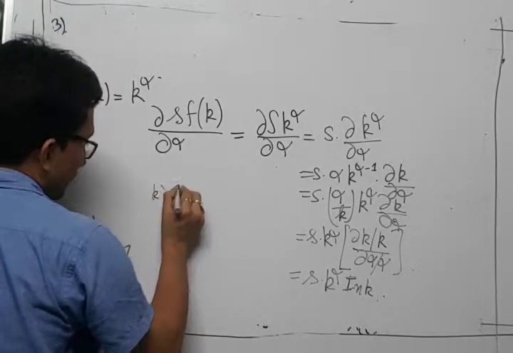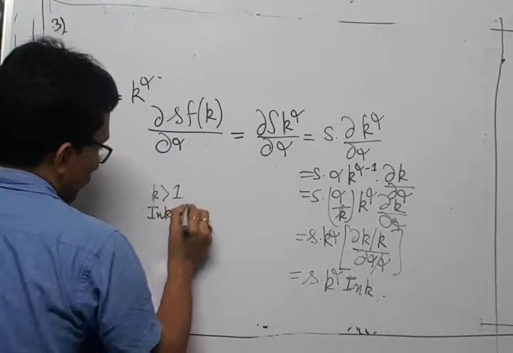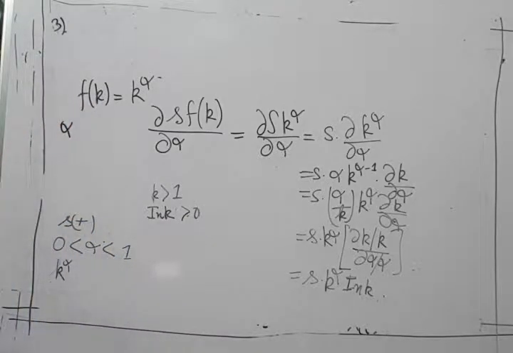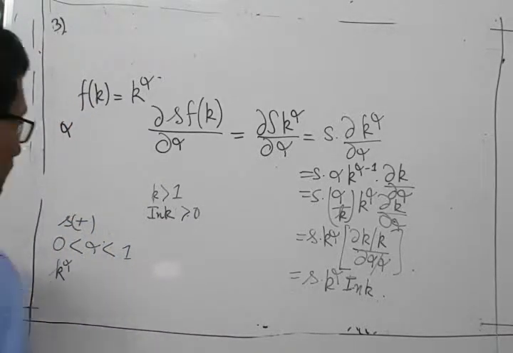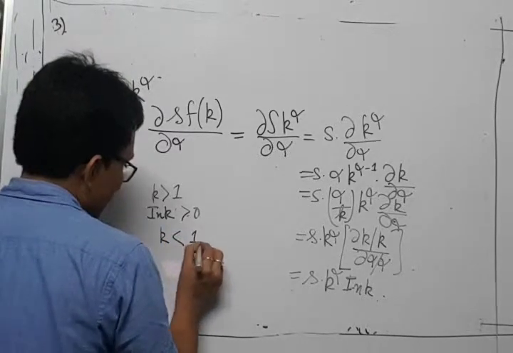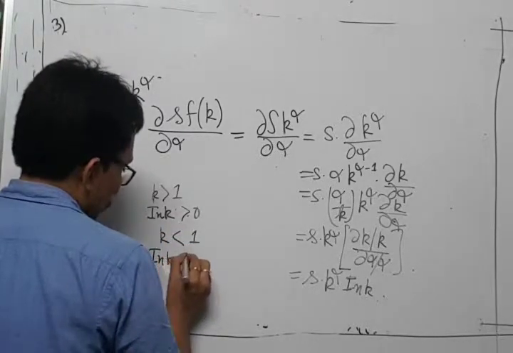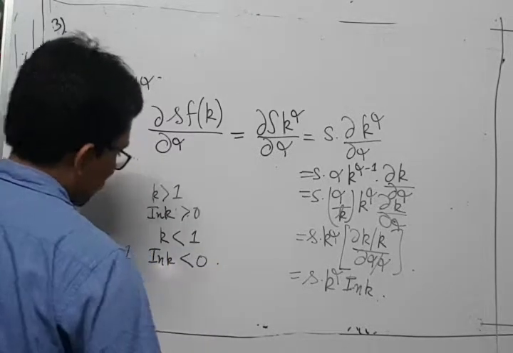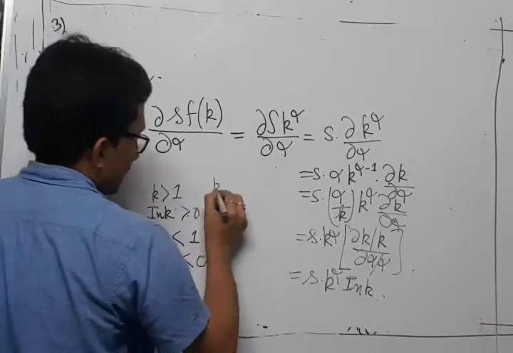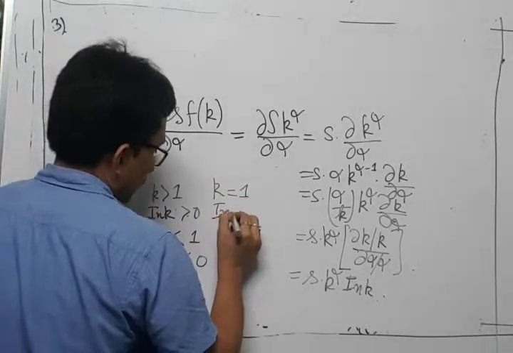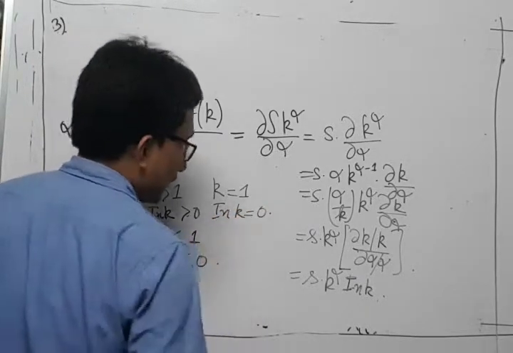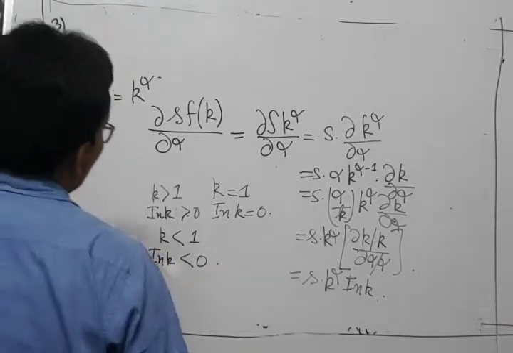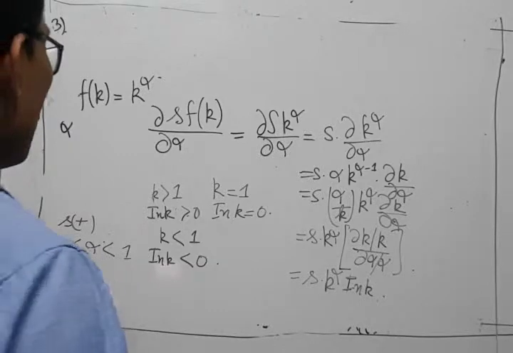If k is greater than 1, log of k will be greater than 0, and hence del s f(k) by del alpha will be rising. If k is less than 1, log of k will be less than 0, and hence del s f(k) by del alpha will be falling, that is, less than 0. And if k is equal to 1, log of k will be equal to 0, and hence there will be no change.